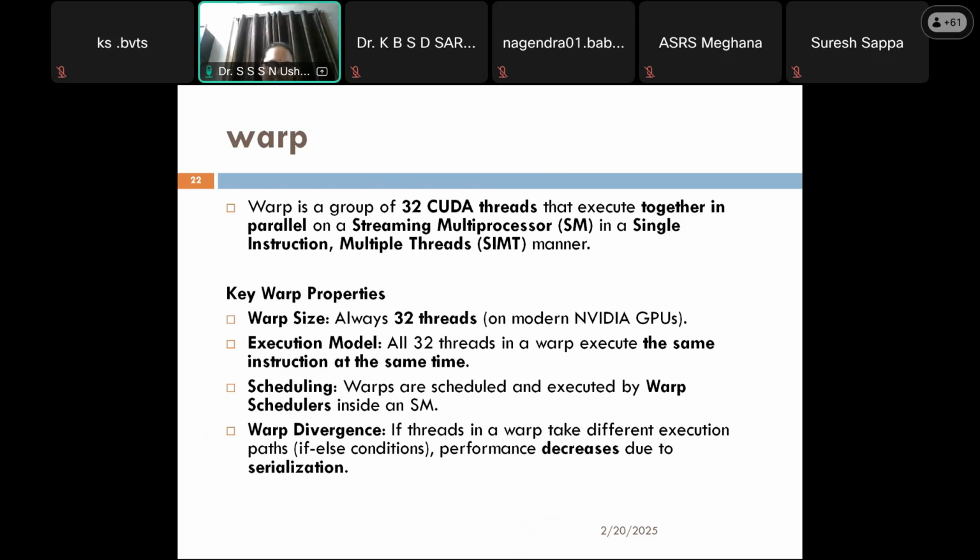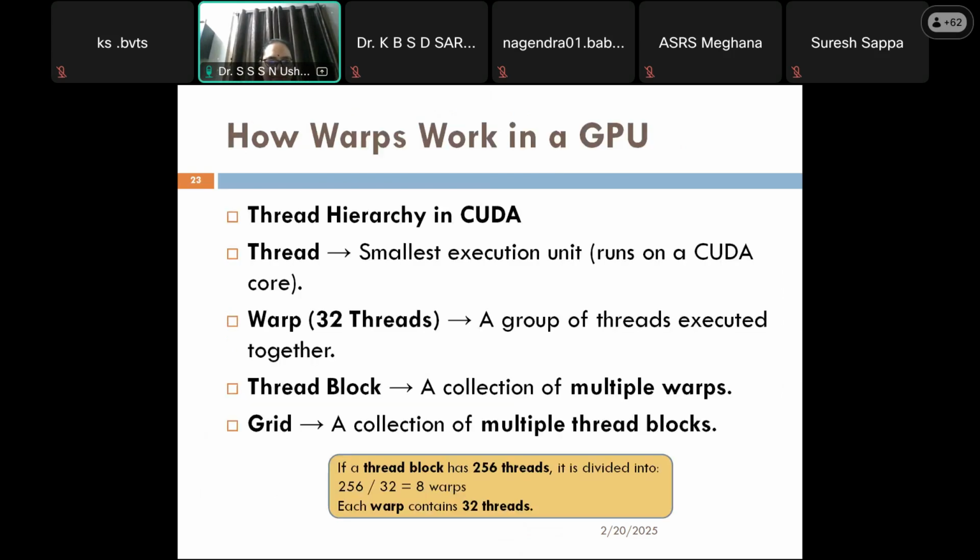In HPC, it's one kind of research area, how better we can do warp scheduling. Next, warp divergence. If threads in a warp take different execution paths, performance decreases due to serialization. So this is warp divergence, but it should not happen actually.